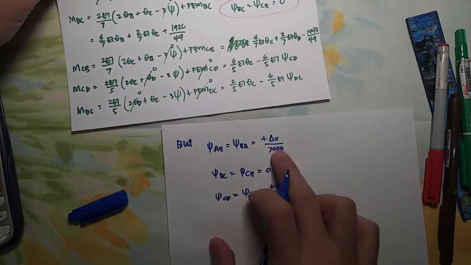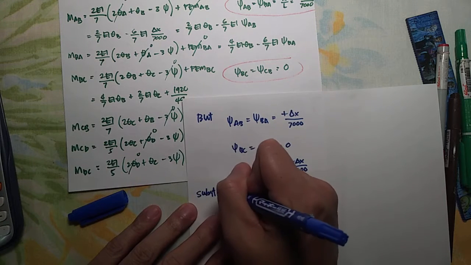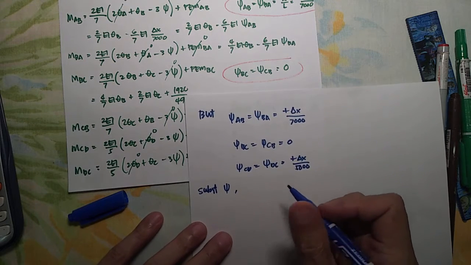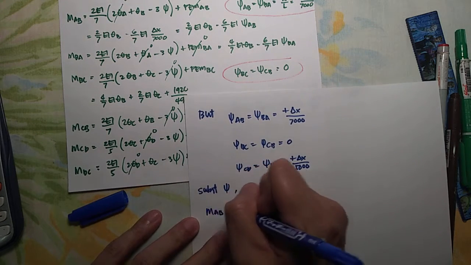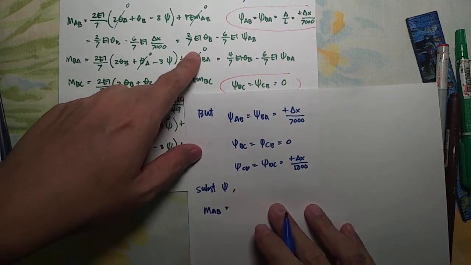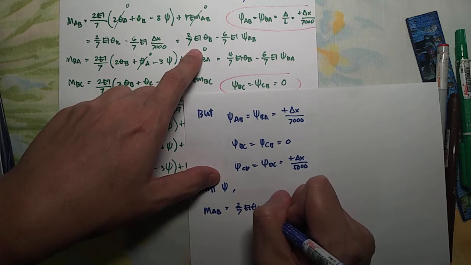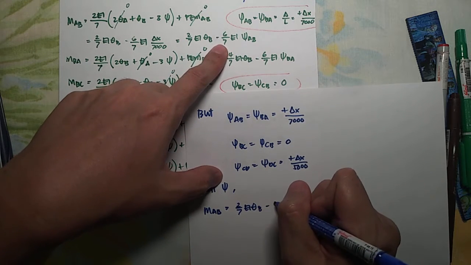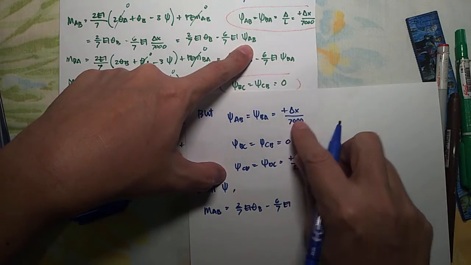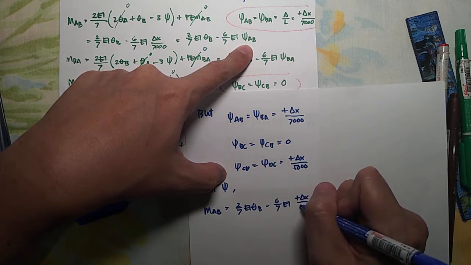Okay, so substituting this psi value in the equations, for MAB, this is the simplified equation. It would be 2 over 7 EI theta B, minus 6 over 7 EI psi AB. Psi AB is positive delta X over 7,000.